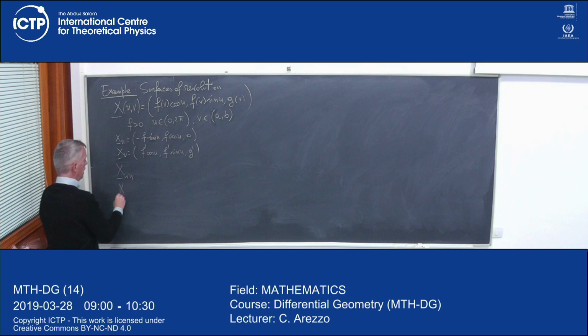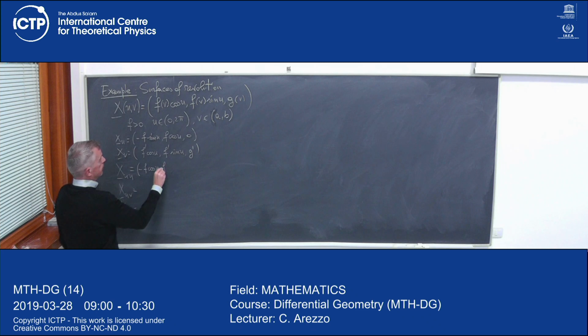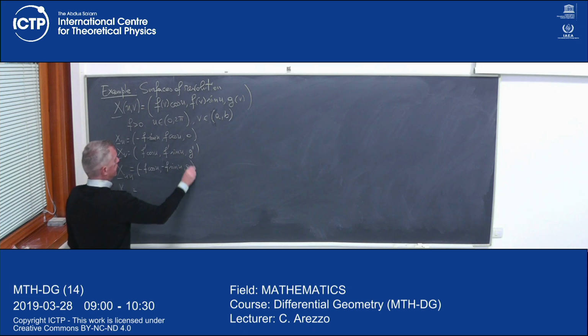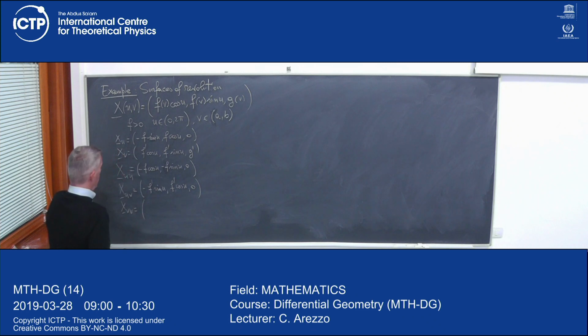XUU, XUV, XVV. XUU is minus f cos, minus f sine. XUV is minus f prime sine, f prime cos, 0.